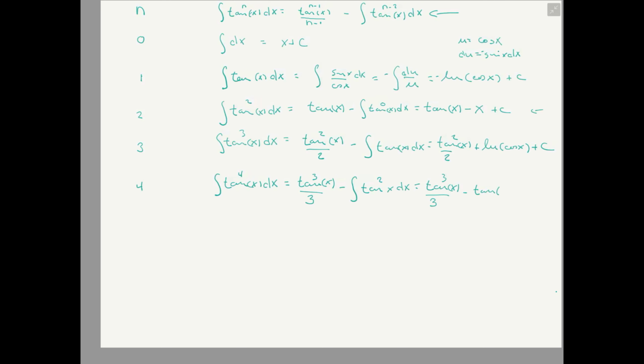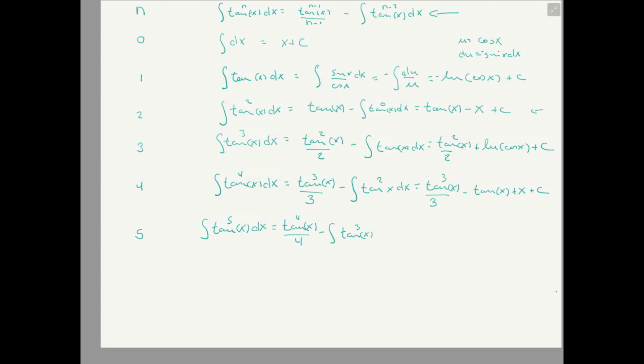But remember, tangent squared was this value over here, so that's equal to tangent to the third x over 3 minus tangent x plus x plus c.